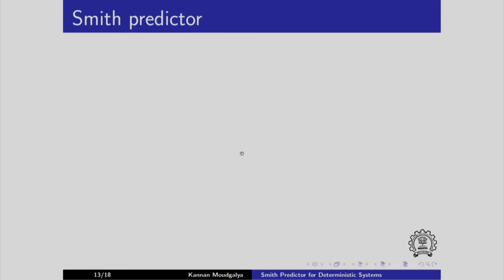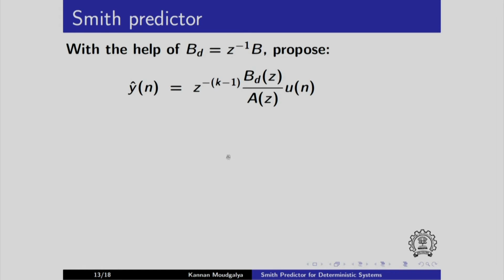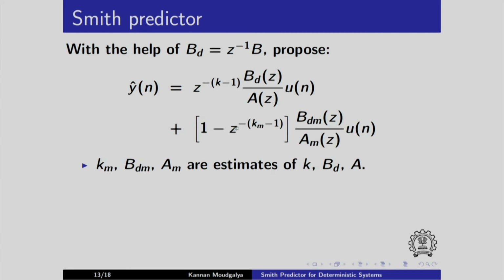Now we come to Smith predictor. So let us use the definition we had in the previous slide, and we propose an estimate. Start with the plant model, that is yn, plus add a few more things. What is that? You add this here using km, bdm and am, which are estimates of k, bd and a.